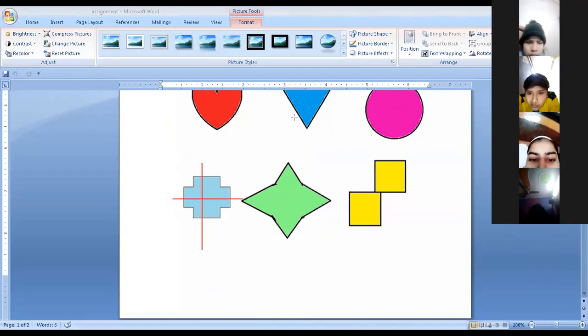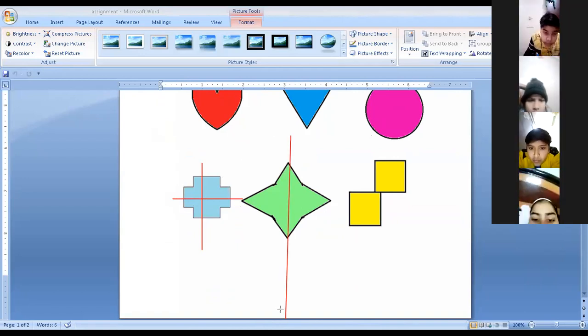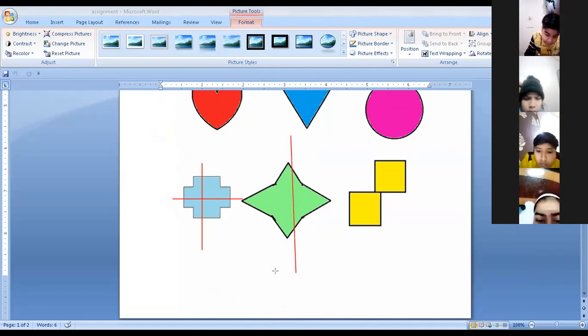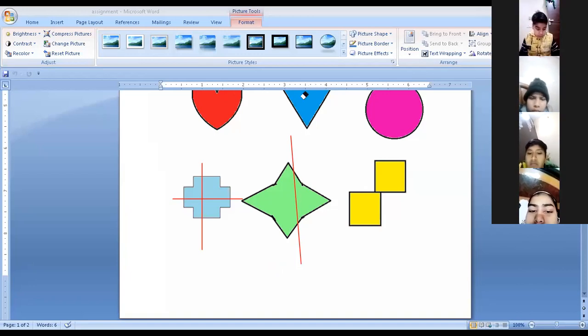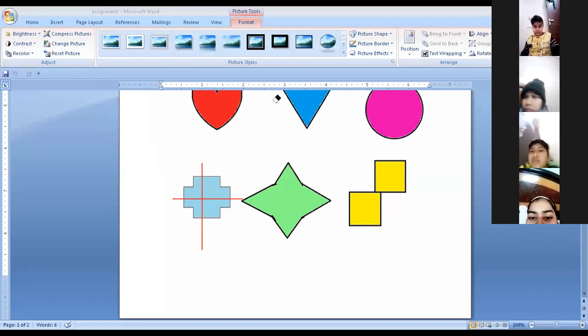How many lines of symmetry in this object? 4 lines of symmetry, right? One is vertical, horizontal, vertical.